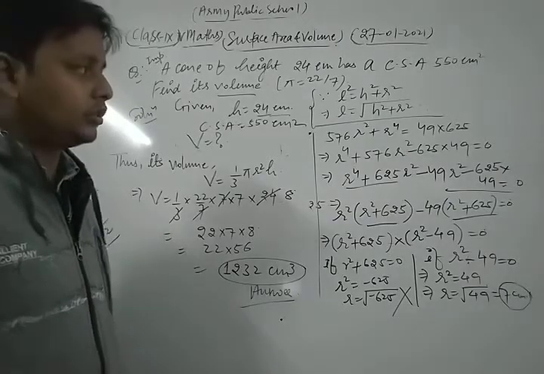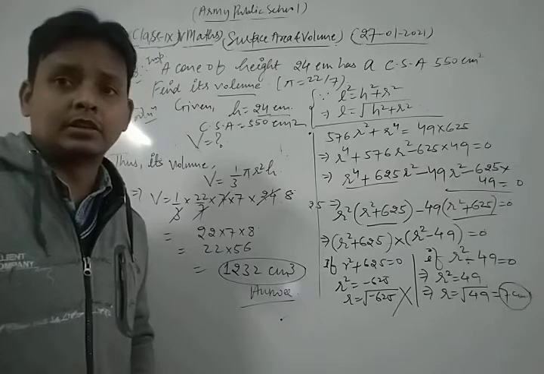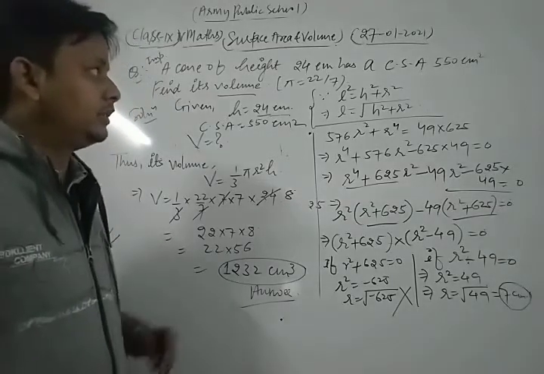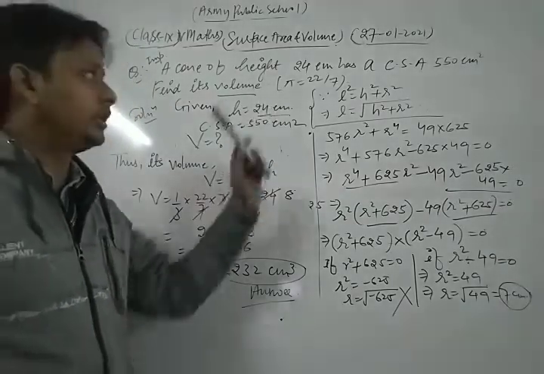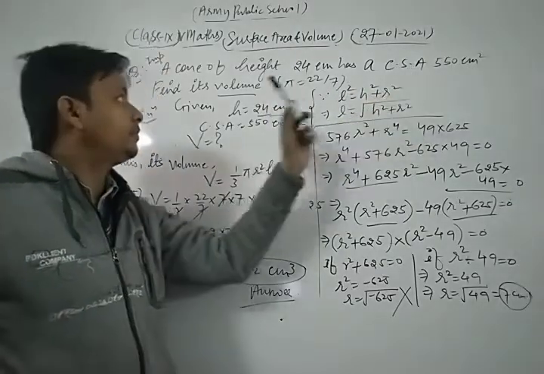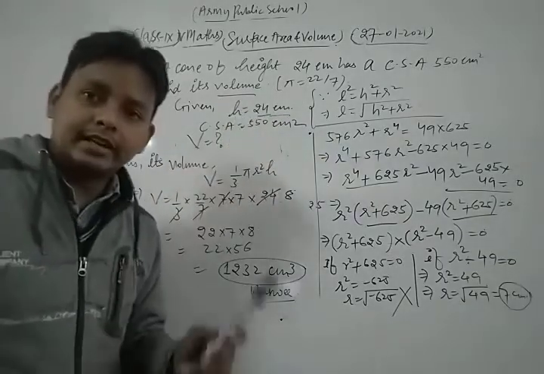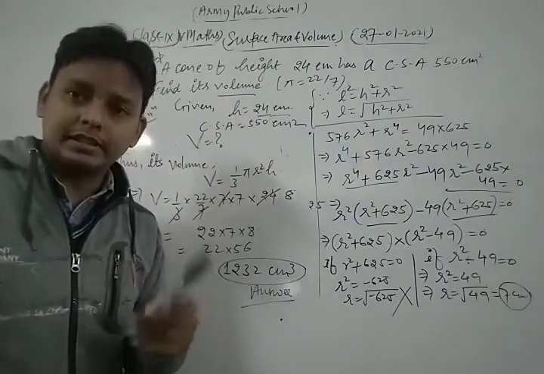After that you can solve each and every question of your NCERT exercise based on all these topics. Just in that question, let's see once more. Height is given, CSA is also given. Find its volume. For finding the volume, firstly we find the radius.